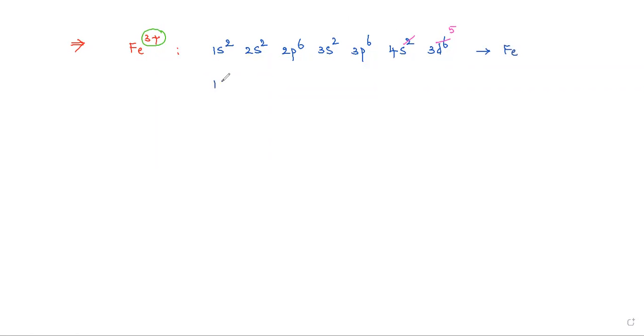Now for iron plus 3, the configuration is going to be 1s2, 2s2, 2p6, 3s2, 3p6, then of course 3d5. This is the configuration of iron plus 3, right?